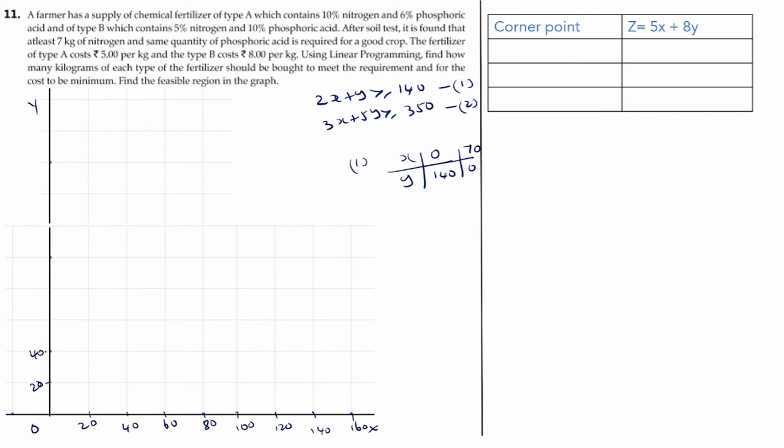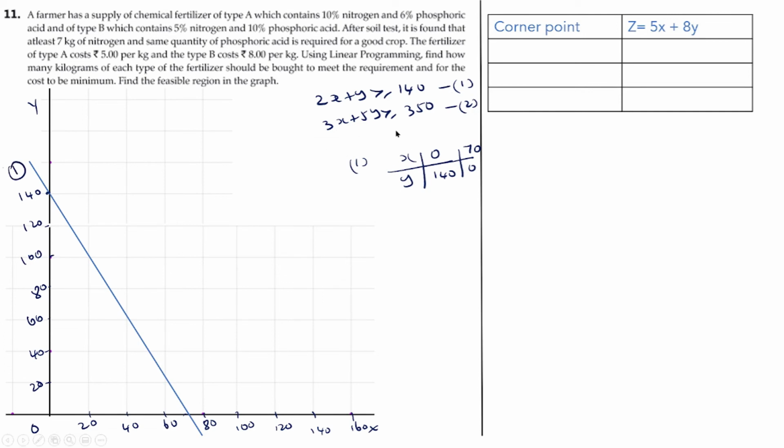Same here. Now we have 0, 140, it is this point, and 70, 0. So if we draw a straight line joining these 2 points, we get the line 2x plus y equal to 140. So this is the line corresponding to the first equation.